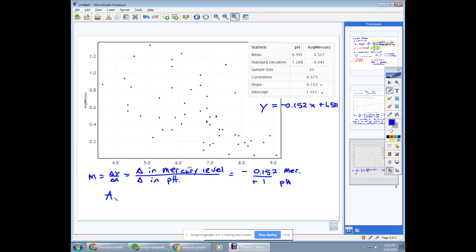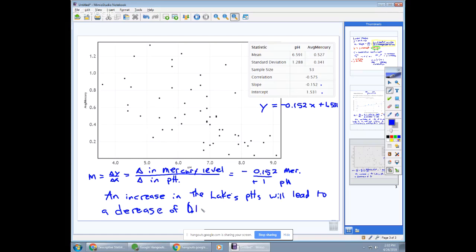So I would have a sentence that looks something like this: an increase in the lake's pH will lead to a decrease, because it's negative, of 0.152 in the mercury level.